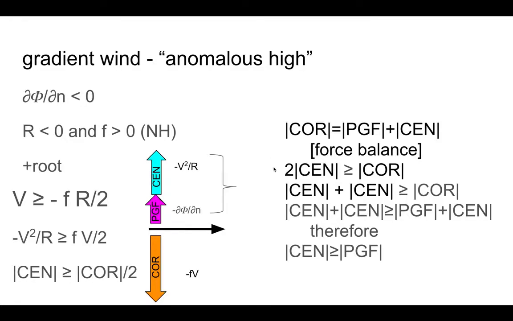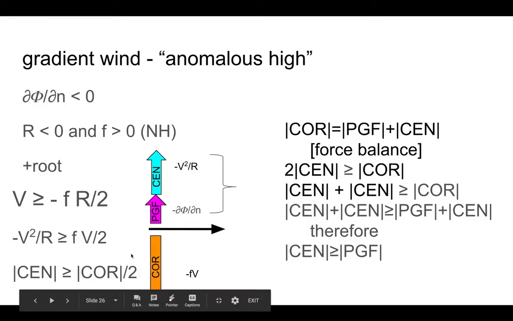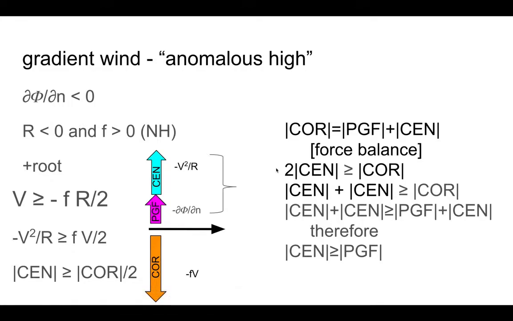Now what we just analyzed, if we multiply both sides by 2, is that 2 times the centrifugal acceleration has to be greater than or equal to the Coriolis. So that means that the centrifugal plus the centrifugal is greater than the Coriolis.